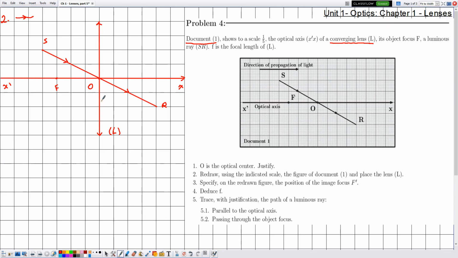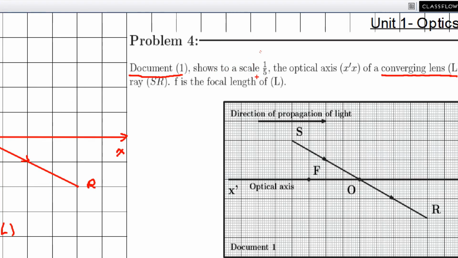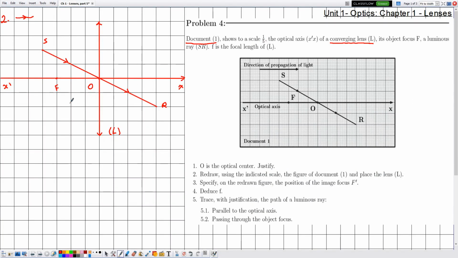And now finally we need to indicate the scale. Here they are telling me that the document 1 shows a scale 1/5, and 1/5 means that 5 centimeters along the x-axis and 5 centimeters along the y-axis. So this is it for part 2.